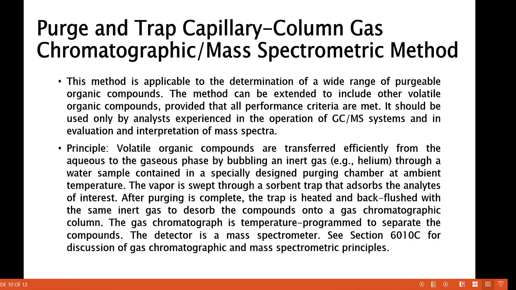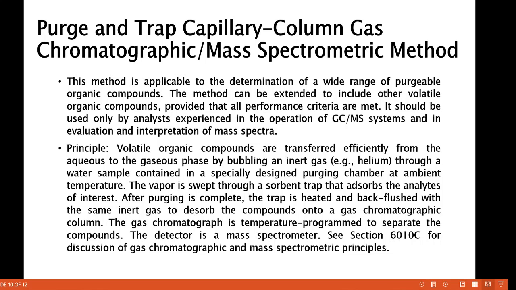The method can be extended to include other volatile organic compounds, provided that all performance criteria are met. It should be used only by analysts experienced in the operation of GCMS systems and in the evaluation and interpretation of mass spectra.